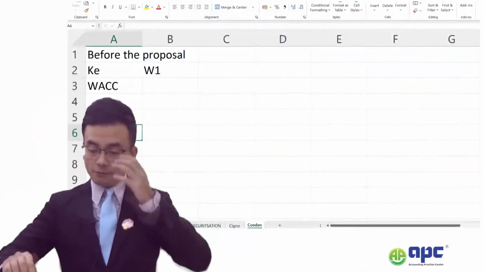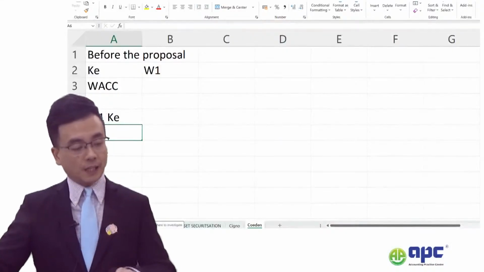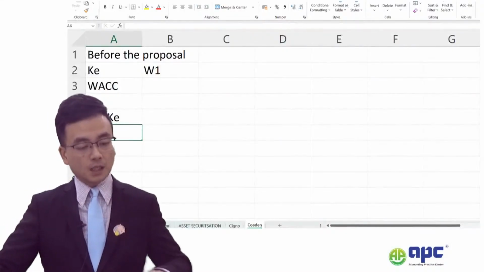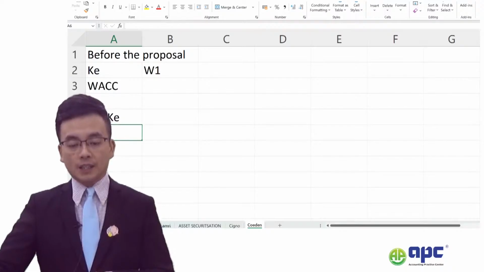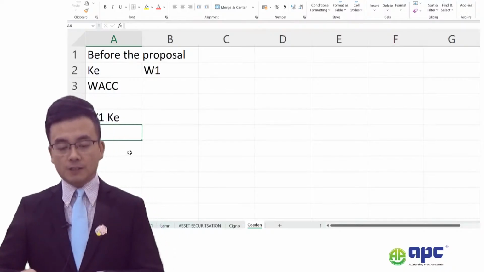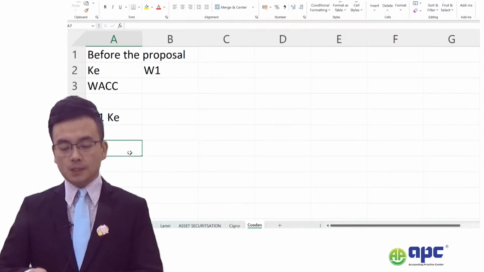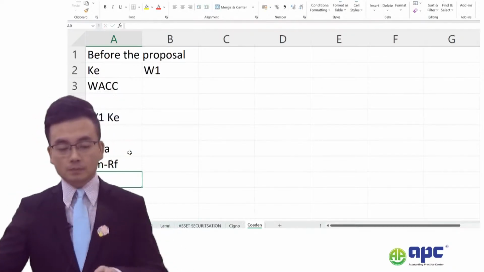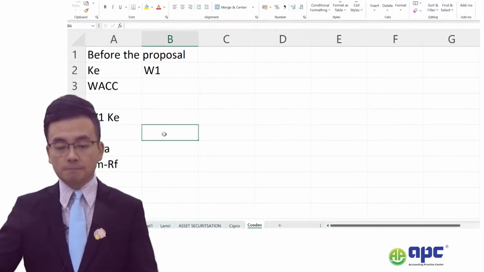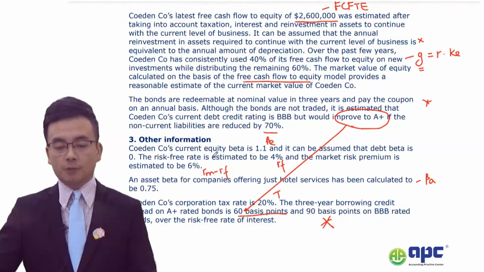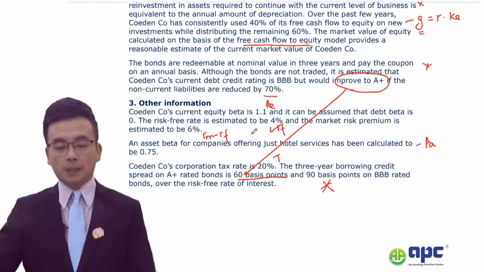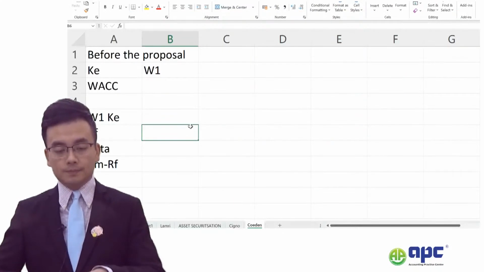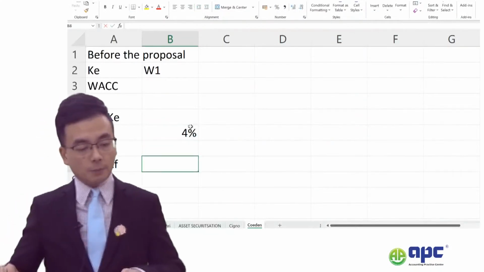is, firstly, in terms of the cost of equity calculation, we are using the CAPM formula, so as always, risk-free rate, beta, RM minus RF. Now slot all numbers in, RF being 4% and premium being 6%. And how about the beta?